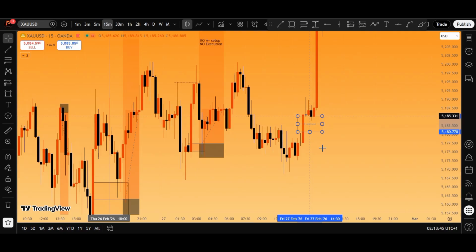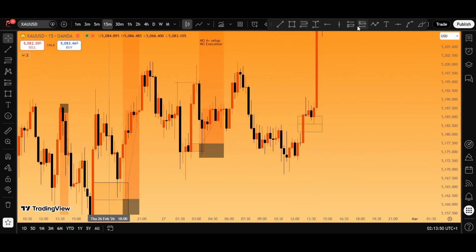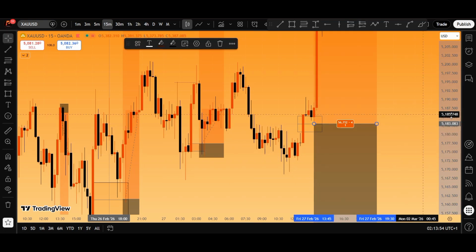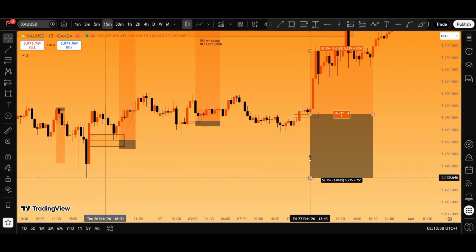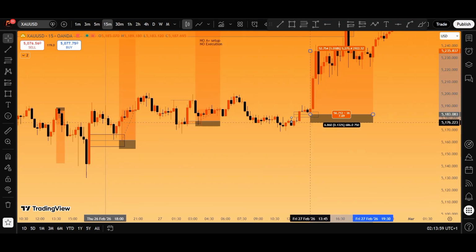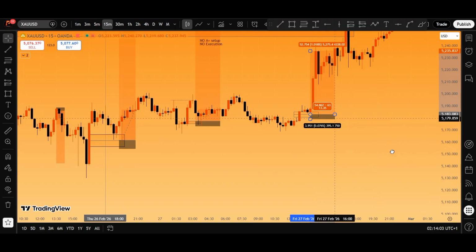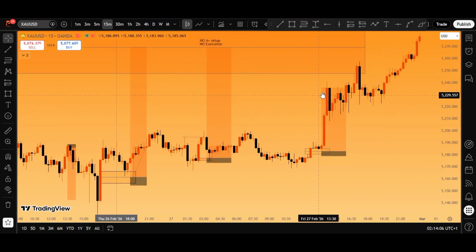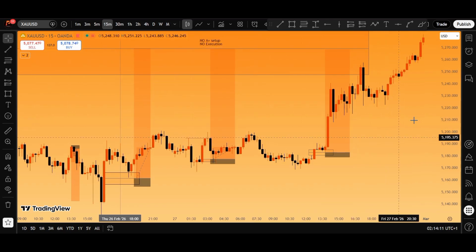As you can see, it tapped into it very nicely, and I was able to get another entry to make up for the loss I had. Although it was a small loss because I didn't risk so much on that one, it could have been avoided if I had just remembered to apply that very simple thing.